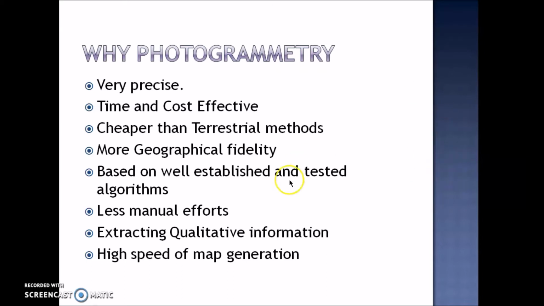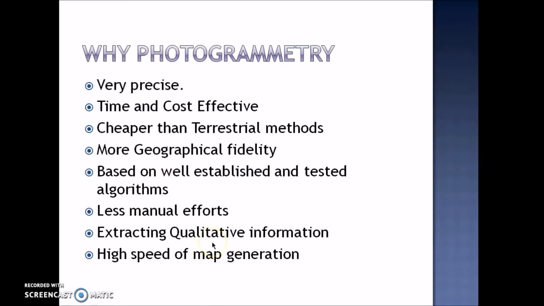It is based on well tested algorithms, so it is very accurate. Geographical fidelity: the entire area can be covered.